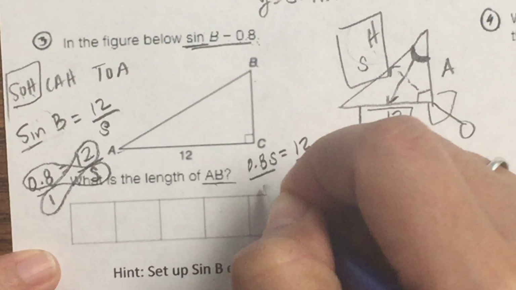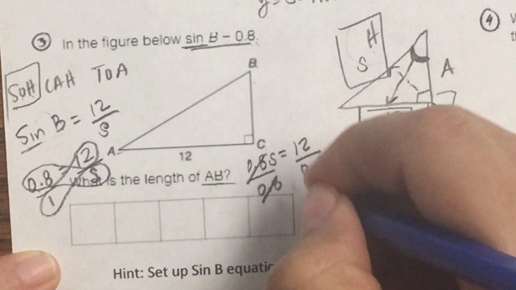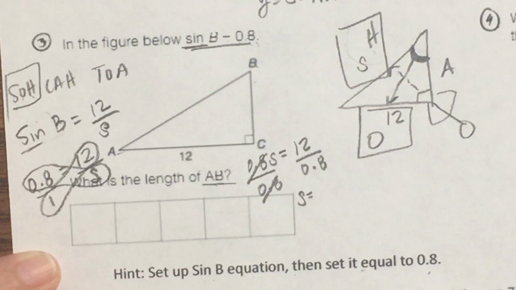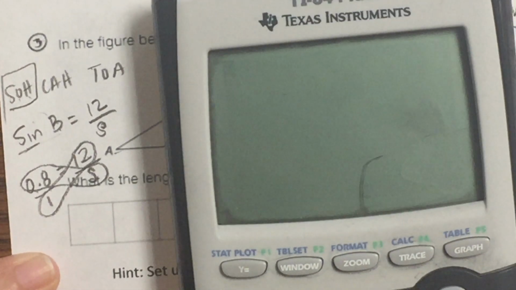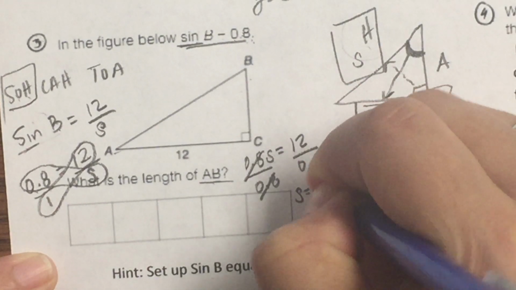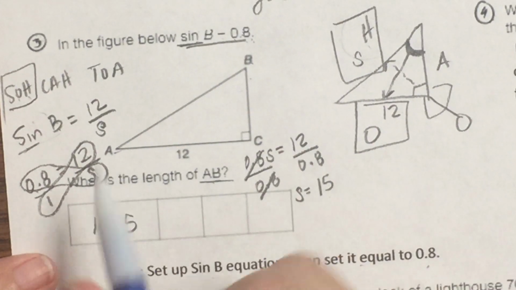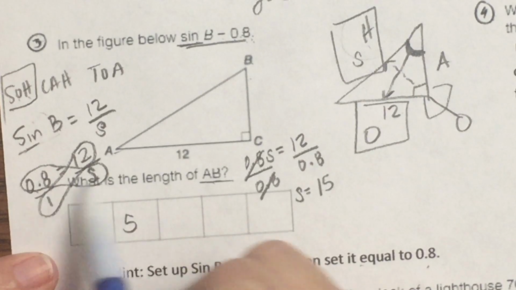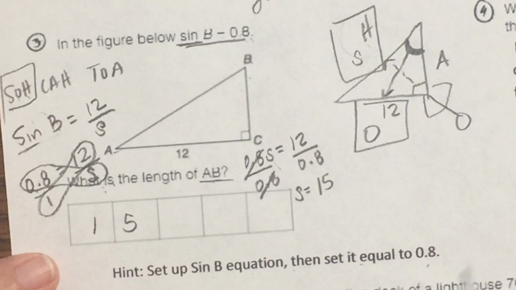We're going to divide by 0.8 because that's what's bothering the s. So s equals 12 divided by 0.8. 15. So s is equal to 15. And again, anytime the variable is on the bottom, just swap these two. Because if you swap these two, it will be 12 divided by 0.8 instead of doing all this work.